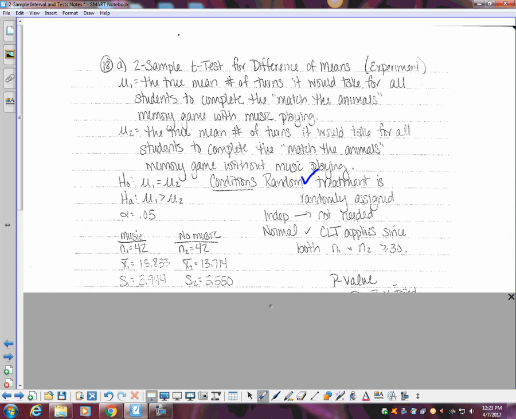Random: treatment was randomly assigned. Independent: here you go. Not needed, and I would probably write because it's an experiment. Normal: CLT applies since both are greater than 30. Again, put your Captain Obvious hat on and state the obvious. I came in here and did my null and my alternate. My null is that there's no difference between the two mu's, not x bars, mu's.